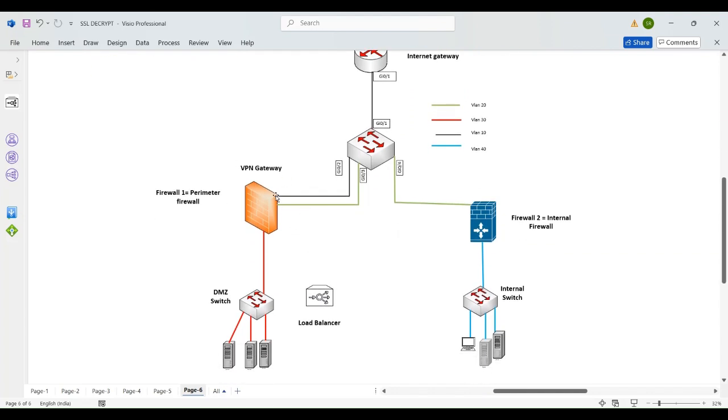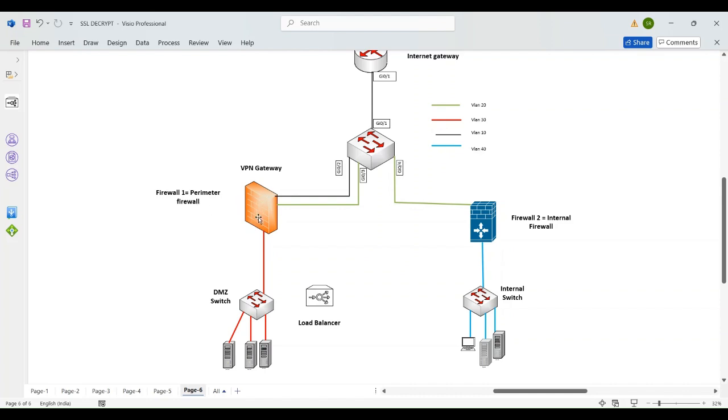So perimeter firewall is the first line of defense. Okay, so it's positioned after the router, and it is the first line of defense. Then we have an internal firewall that is placed after the perimeter firewall.